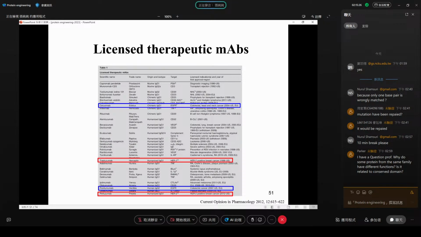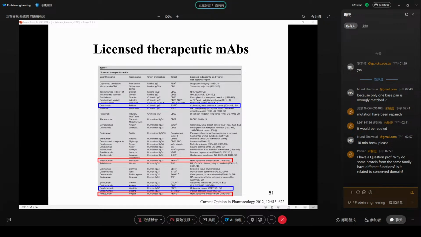That's a very important table to share with everyone, especially for students. If you are working on biomedical research, you definitely know that there are a lot of licensed therapeutic monoclonal antibodies, from chimeric IgG to recognize EGFR, until recently more and more so-called humanized IgG, also recognizing EGFR, or the HER2 receptor, or TGF-beta or interleukin receptor.